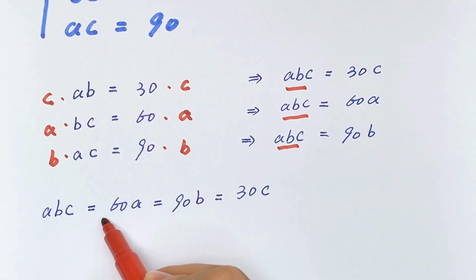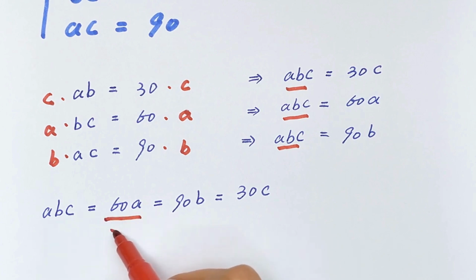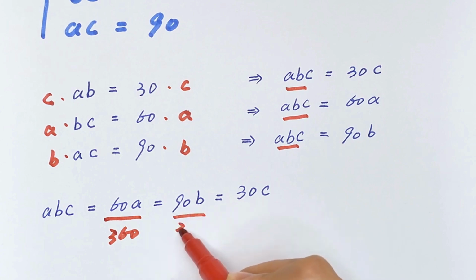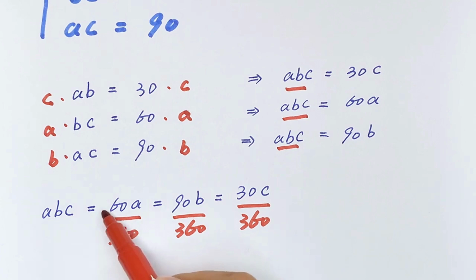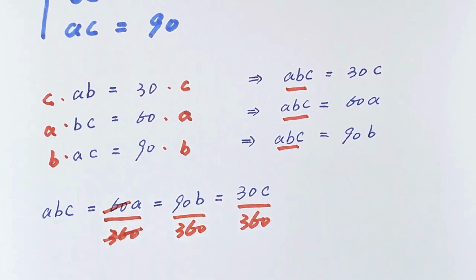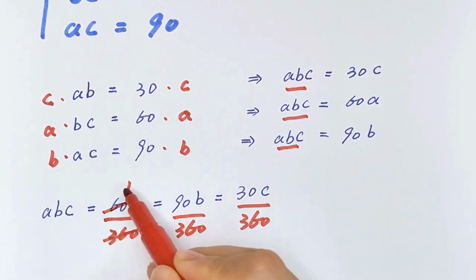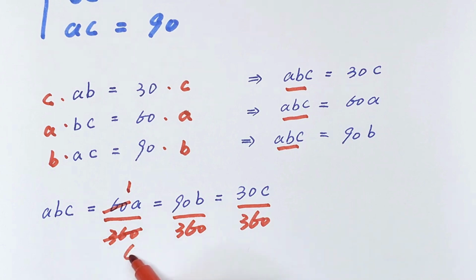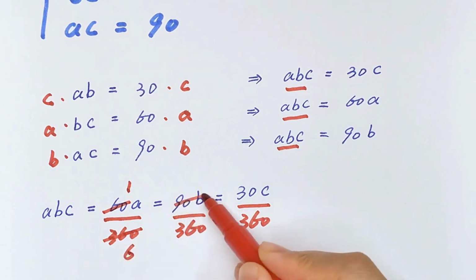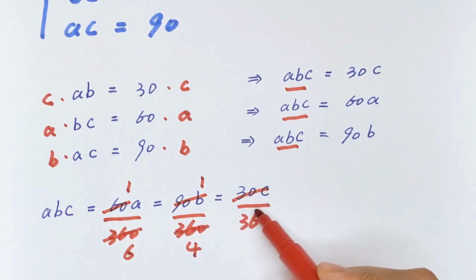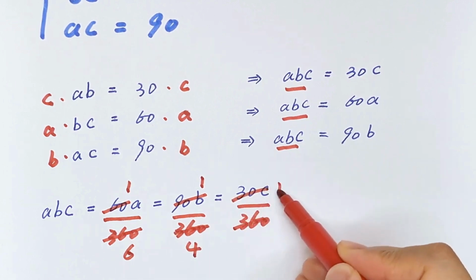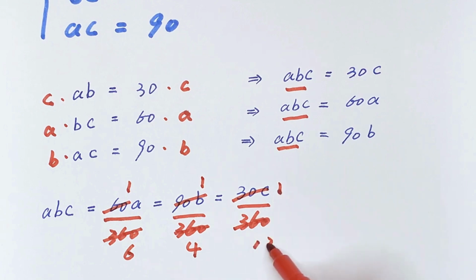Then to simplify, we divide by 360 in both sides. It's cancelled. So it will be here by 1, here by 6, and here by 1, here by 4, and here is 1, here by 12.